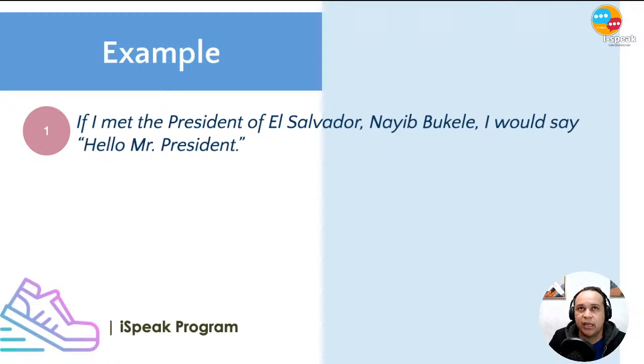The second is that I can meet the president if I visit El Salvador. I don't think so. So this is just in my imagination, meaning that this is not going to happen. Not right now, not tomorrow, not in a year. It's not going to happen, right?